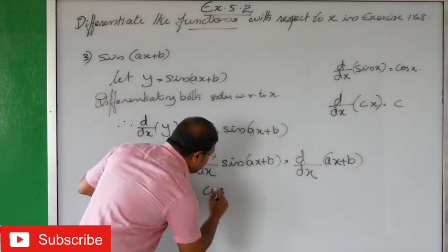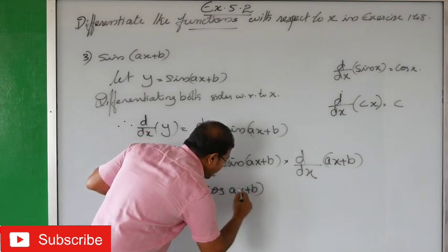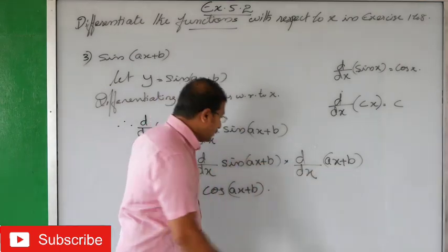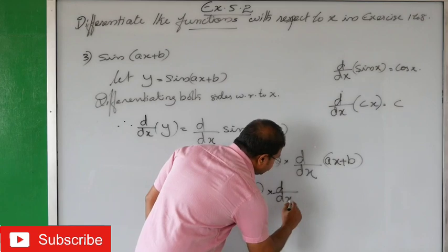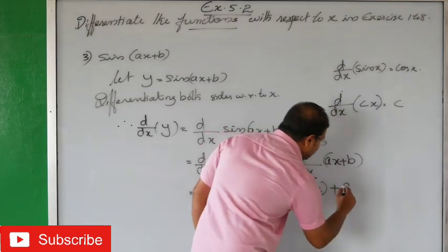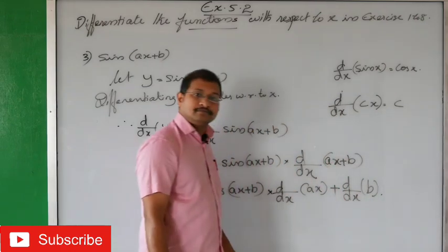That means cos in place of x, what you will write? ax plus b into derivative of ax. If you want, you can write one more step: derivative of ax plus derivative of b. Ready?